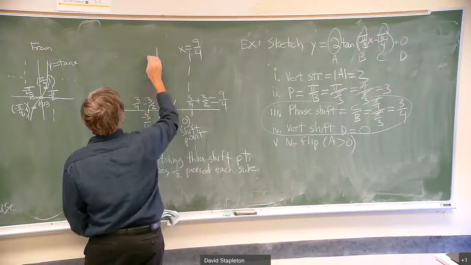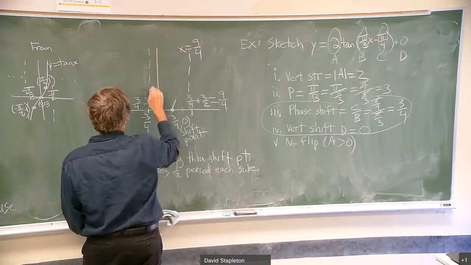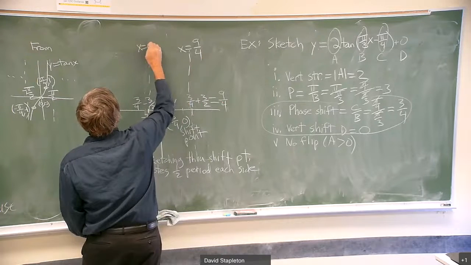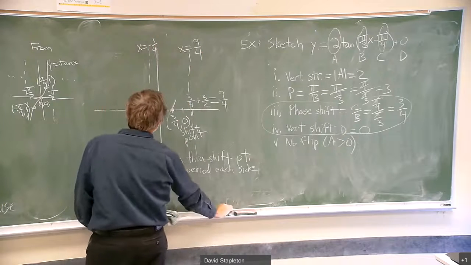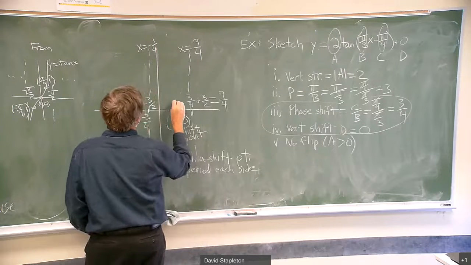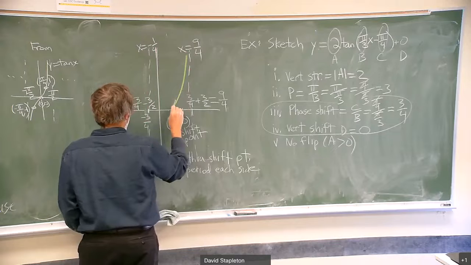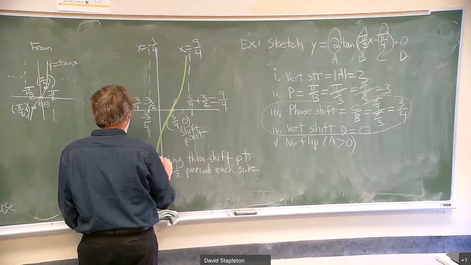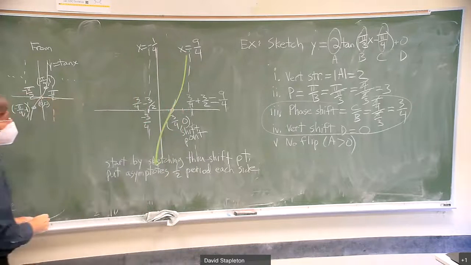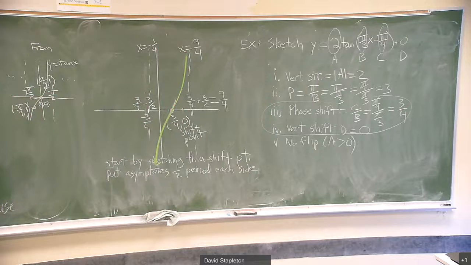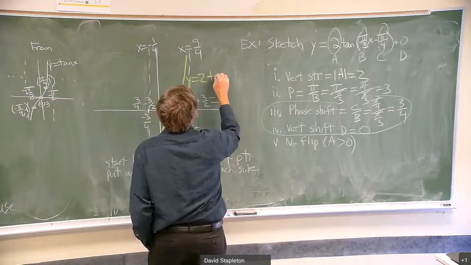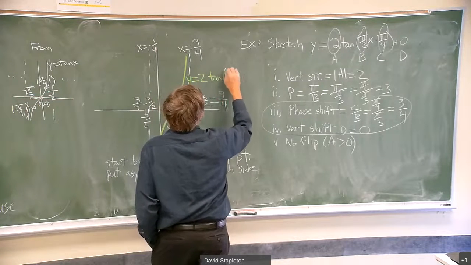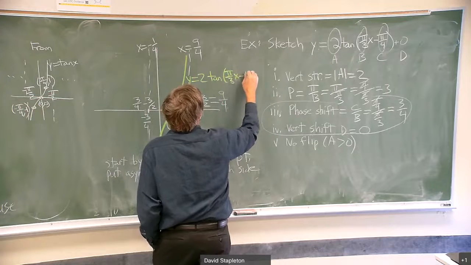And here an asymptote, x equals minus 1/4. And I'll just sketch this up through here like that, down here like that. There it is, y equals twice the tangent of pi over 3x minus pi over 4.